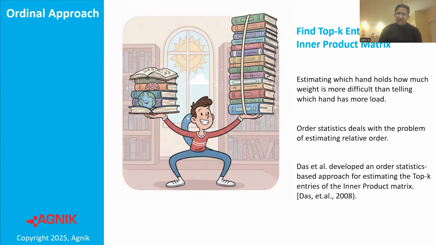So that's the idea, that constructing an order, maybe a partial order or a linear order, may be easier in some cases compared to actually estimating the random variables. There exists a body of literature on order statistics, which essentially explores estimation of relative ordering.